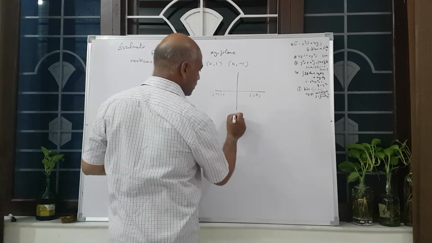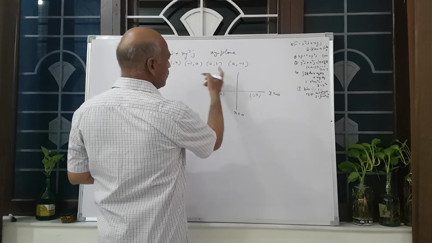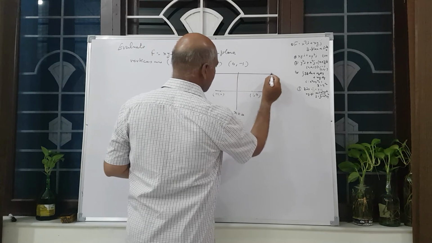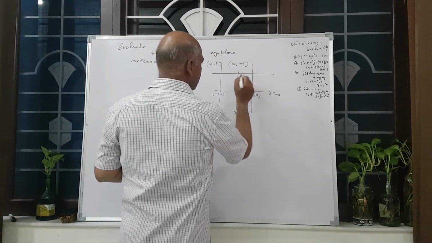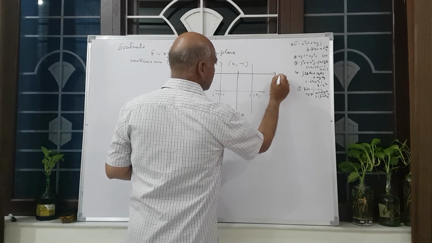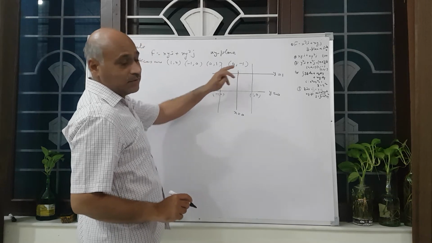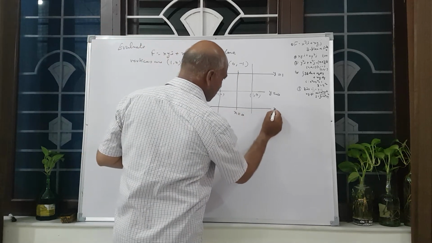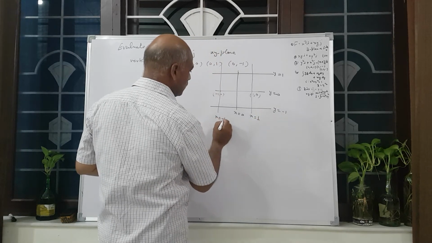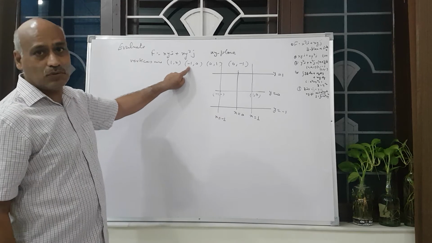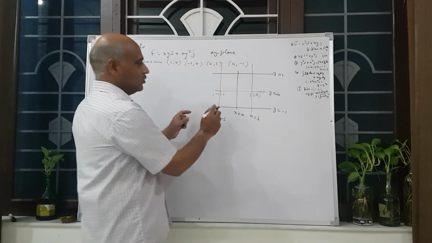So this is x equal to 0, this is y equal to 0, and y equal to 1. And x equal to 0, y equal to minus 1. This is y equal to minus 1. This is x equal to 1, x equal to minus 1, y equal to 1, y equal to minus 1. So this is a square.